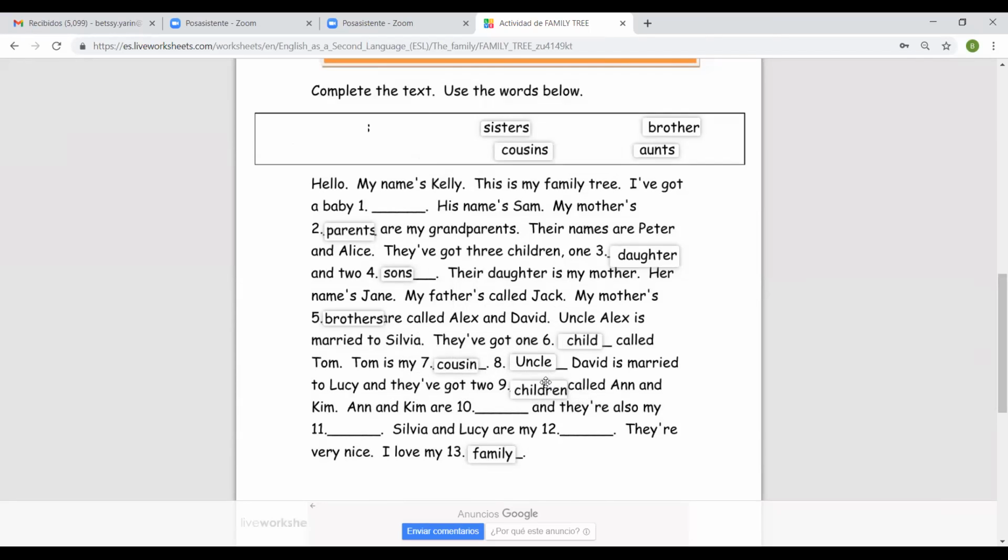Okay, 2 children. Anne and Kim are sisters, okay? And they are also my cousins.